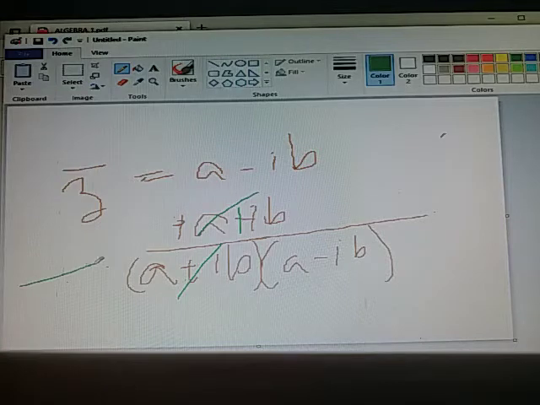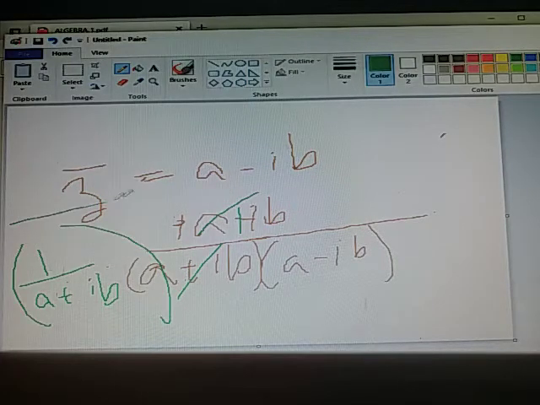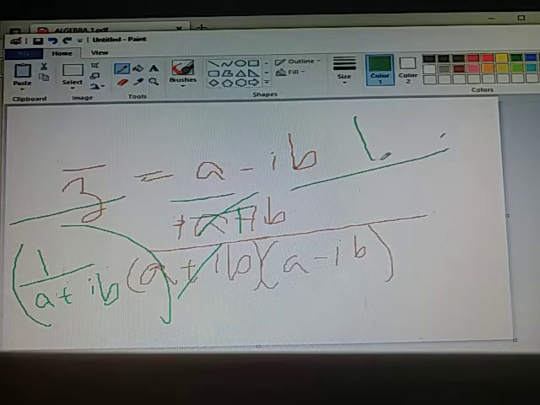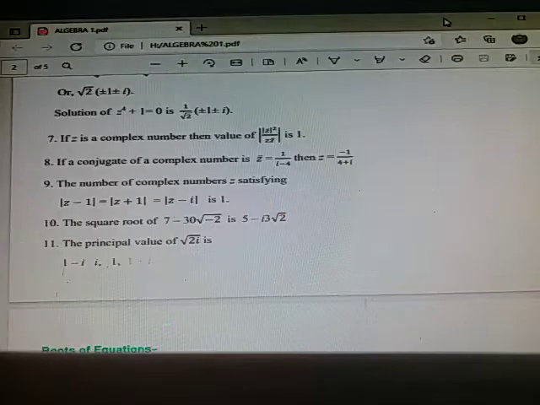So if 1 by a plus ib is a number, then its conjugate is 1 by a minus ib. So this principle is applied here. So z bar is this, so its conjugate is minus i plus 4. The real part is the same, so minus i minus 4, because minus 1 we are writing here, that is why it is 4 plus i. So actually options are given, I am writing just the answers.